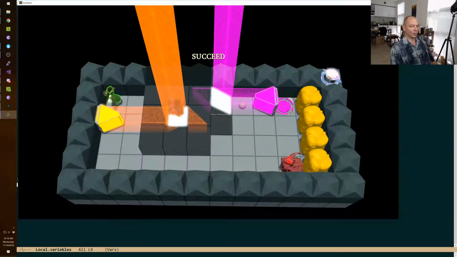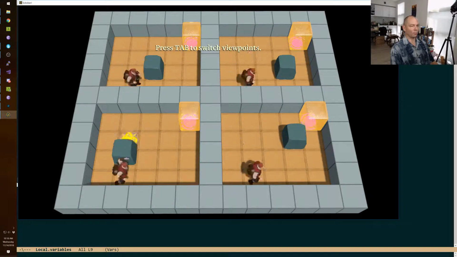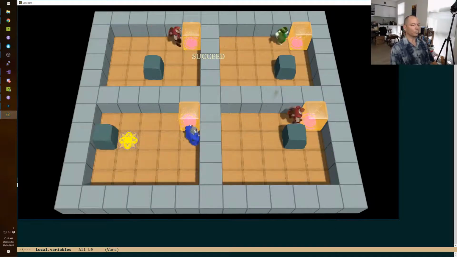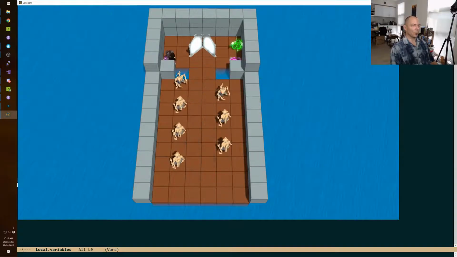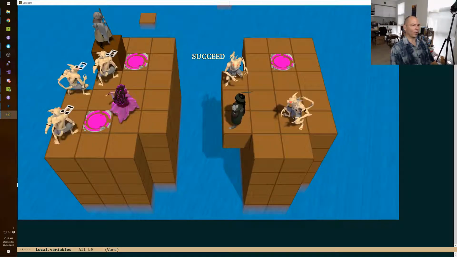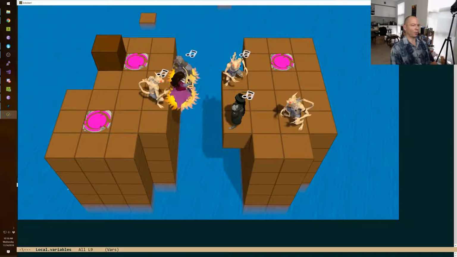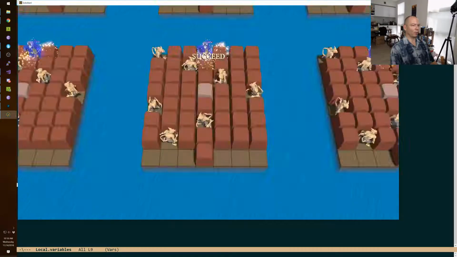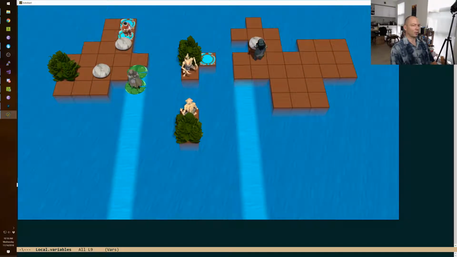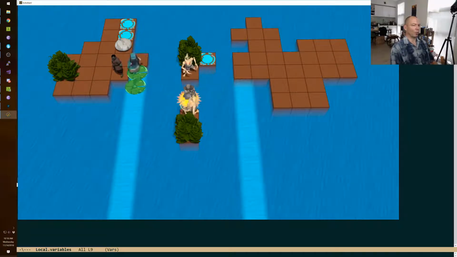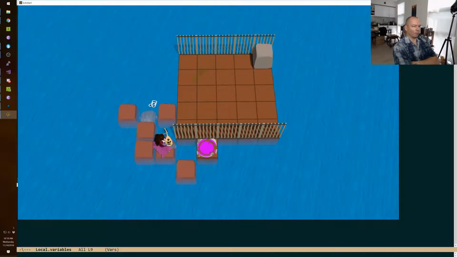All right, 20x speed. Oh, that one failed. That's weird. All right, we're going to fail some number of levels that we don't really want to fail. Ugh. Well, we're going to have some things to investigate.